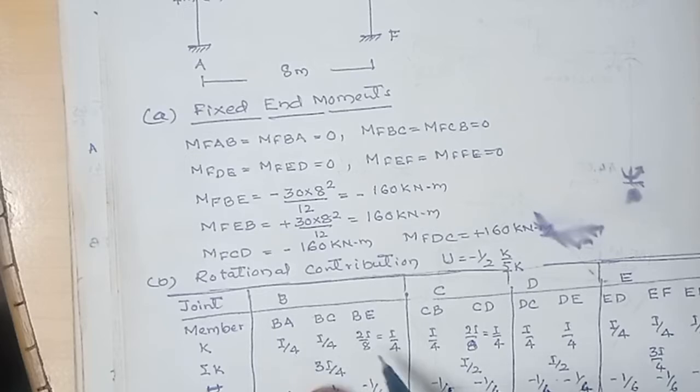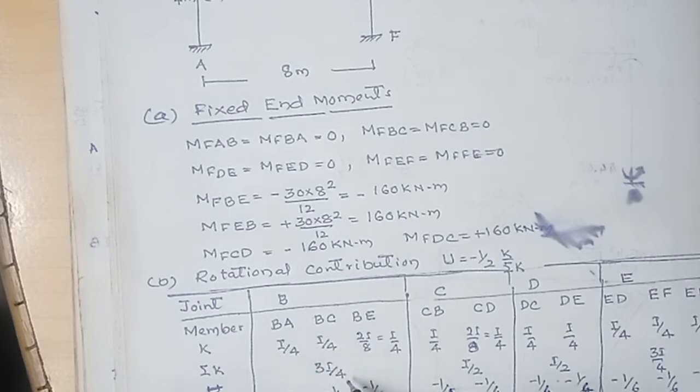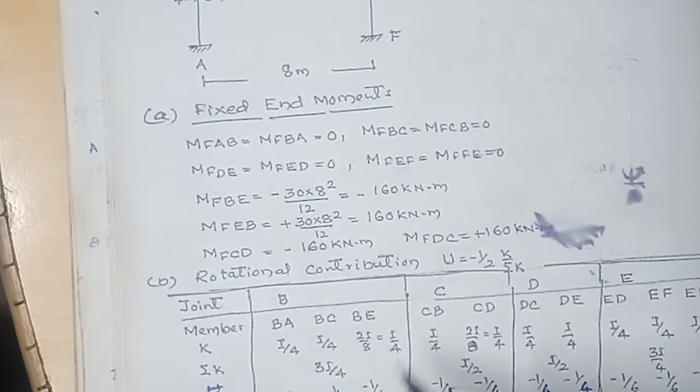Summation of the K at joint B, that is I by 4, I by 4, I by 4, 3 times I by 4. Then the rotational factor is given by U equals minus half into I by 4 divided by 3I by 4. Here you will get minus 1 by 6. For BA minus 1 by 6, for BC minus 1 by 6, for BE minus 1 by 6.